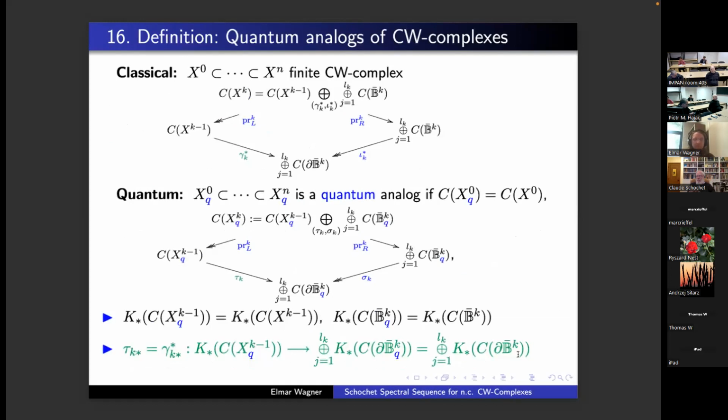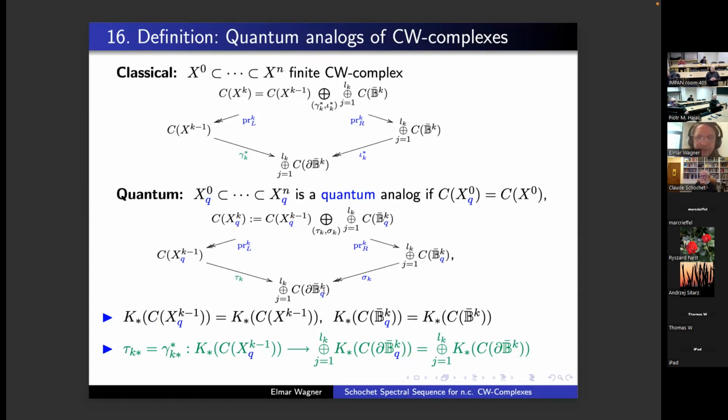Now I come really to the definition. That was an example. This is where I say, okay, here's the answer to my moral question. We have a classical finite CW complex, and we want to make it quantum. Obviously the balls we will replace by quantum balls.